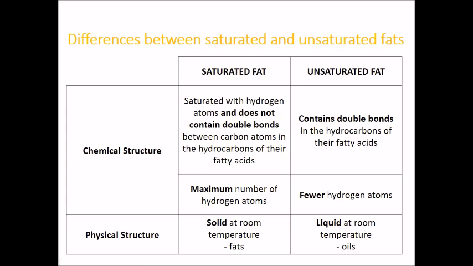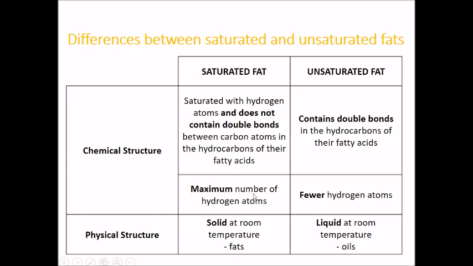Therefore, the differences between the saturated fatty acid and unsaturated fatty acid can be differentiated in two obvious ways, which we can see through the physical structure or the chemical structure. For the physical structure, of course, saturated fats are solid at room temperature, so they are called fats. Meanwhile, unsaturated fatty acids are liquid at room temperature. Sometimes they are called oils. For the chemical structure, saturated fatty acids, remember, do not have a double bond in the fatty acid.